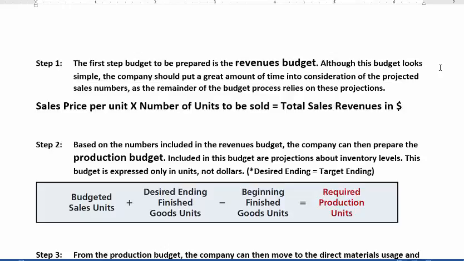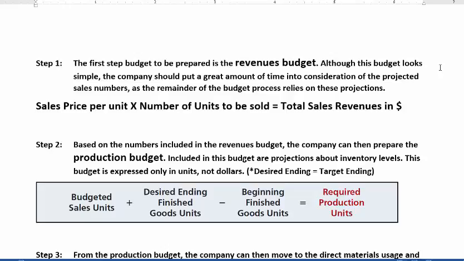When we go about putting these numbers together, factors that are going to be considered is the fact that our sales and our marketing people are going to be doing their research. They're going to be touching base with those customers. They're going to be looking to see what competition is doing. They are going to consider the general economic conditions, industry trends, and market research studies.